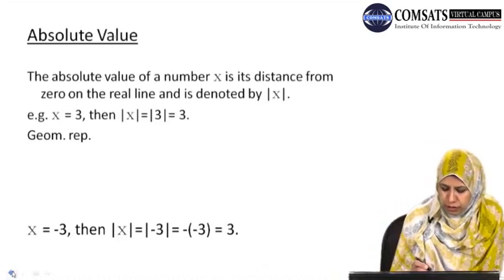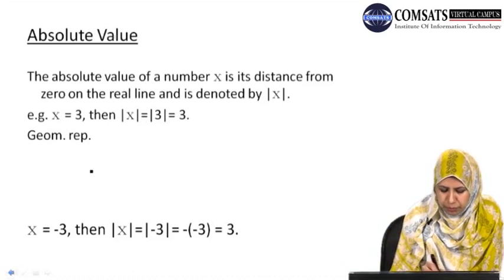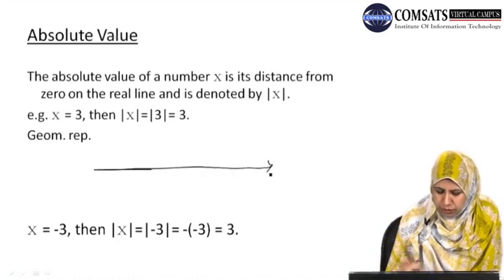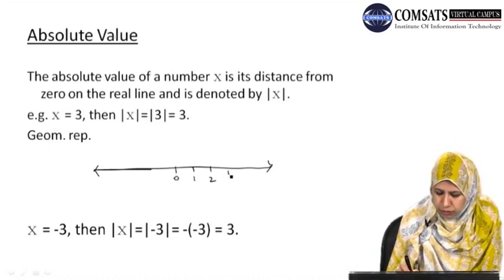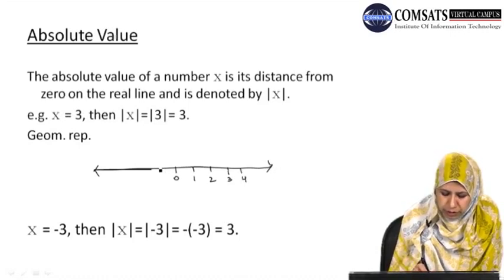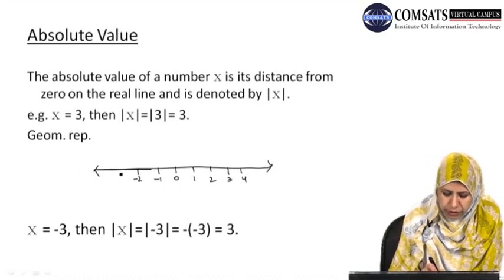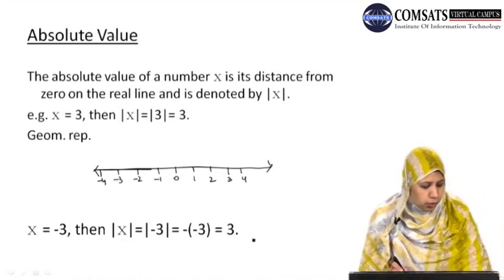For this, first we draw our real line. We have this point 0, 1, 2, 3, 4 and so on. Similarly on the left side, -1, -2, -3, -4 and so on.